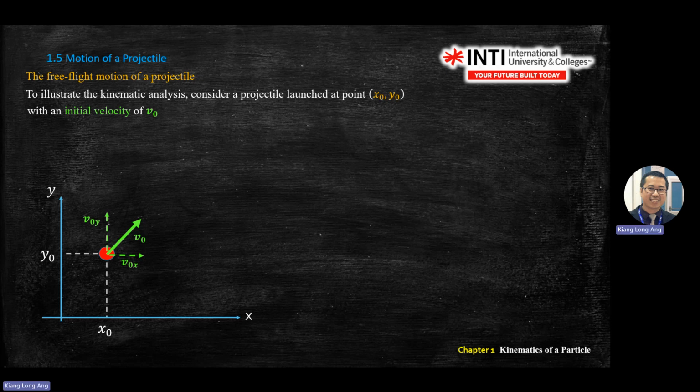Now, start from here. Motion of projectile. Most of the question when you answer that actually dynamic question, there's an option for you to break all the vector into X and Y direction. Means every time you see a vector, you draw the reference axis X and Y, and then break all the vector into X direction, Y direction.